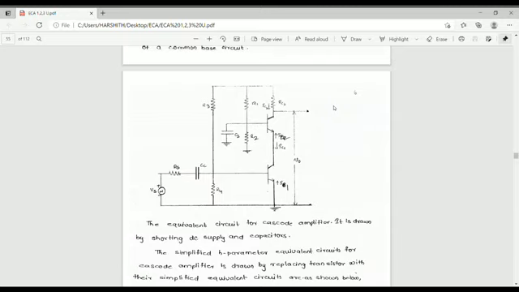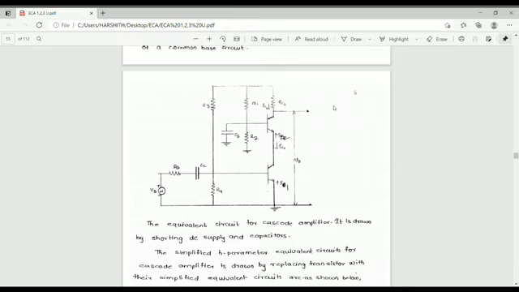The collector current IC1 of the first transistor is approximately equal to IE1 and IE2. So the collector current is approximately equal to the emitter current, and therefore IC2 is approximately equal to IC1 and IE1.